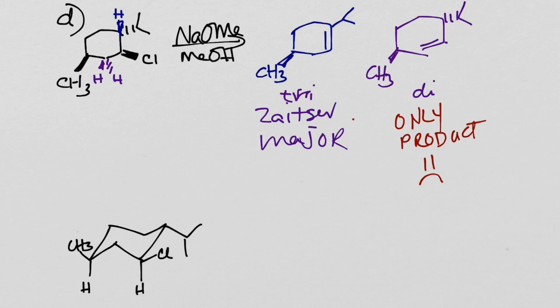I know you hate to, but it's unfortunately what you got to do. If I now take a look at what's going on with this chlorine, what is antiperiplanar to this chlorine is this ring bond and this ring bond. They are carbon-carbon bonds that are antiperiplanar, not carbon-hydrogen. So this particular conformation can't do E2.